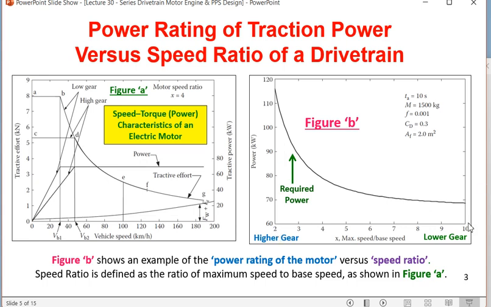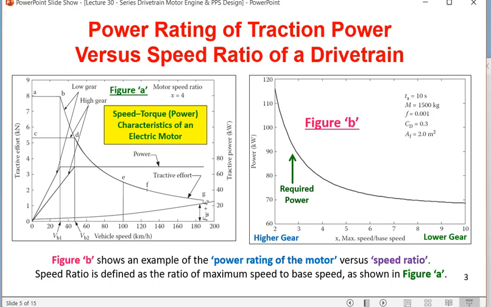Here the base speed is 20 km per hour, so 200 by 20 is equal to 10. So this is the lower gear and this is the higher gear. Whenever the higher gear is there, to generate some kind of vehicular power we have to give more effort.